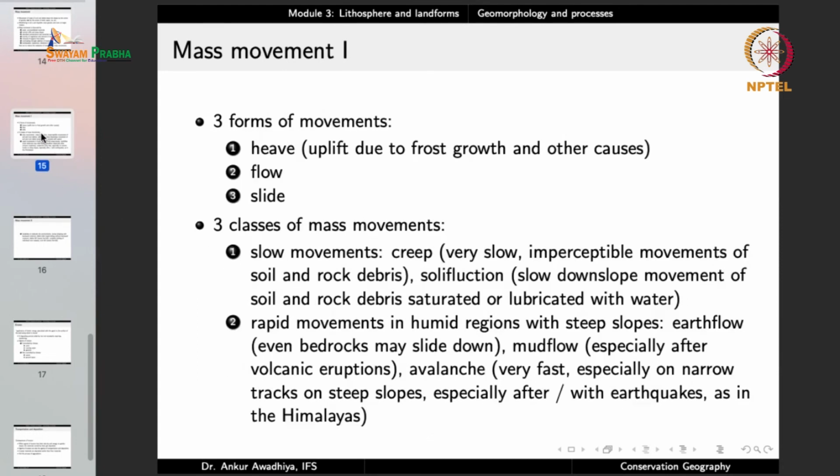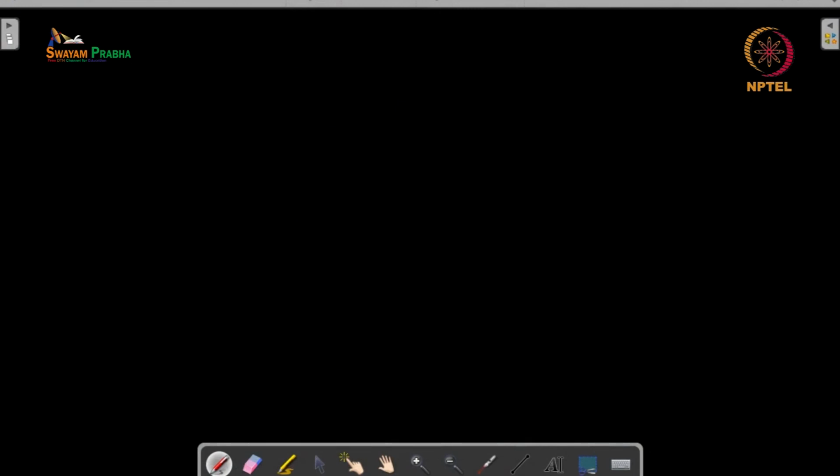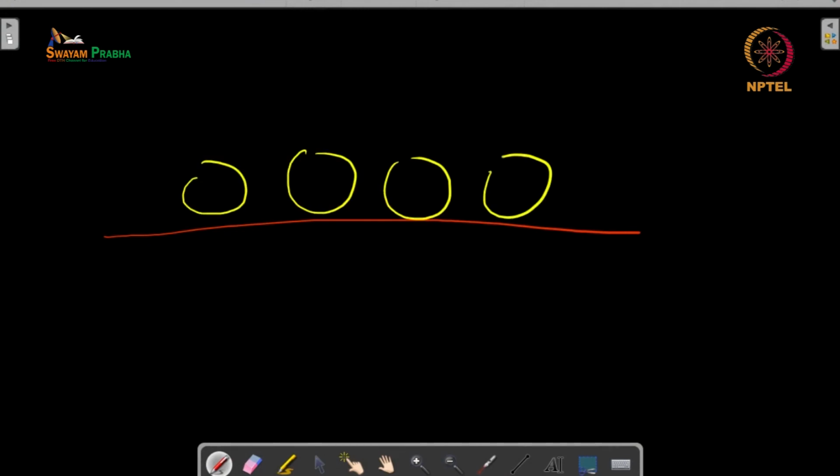Now there are three forms of mass movement. You have heave, which is uplift due to frost growth and other causes. So in the case of heave, what happens is you have the soil, and this soil has certain masses on top of it. This soil is wet, it is saturated with water. Now in the colder climates, this water freezes.